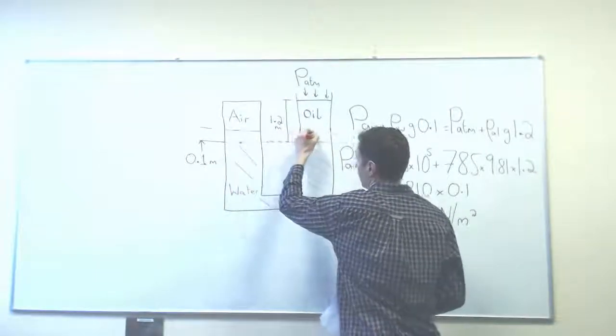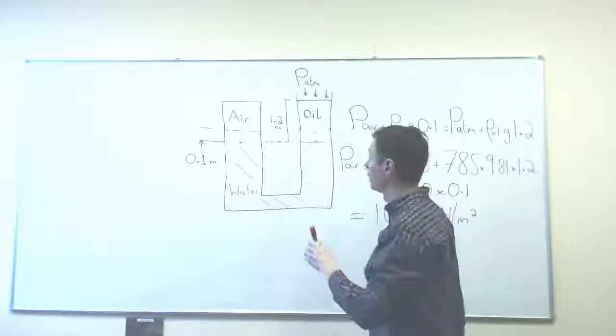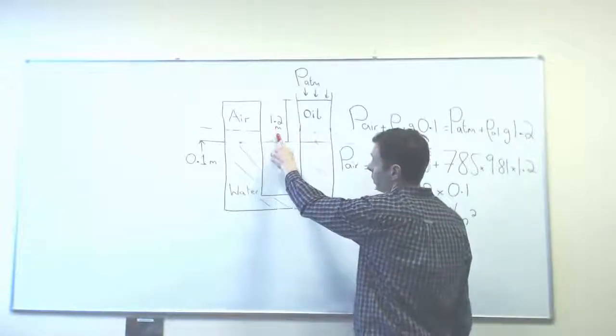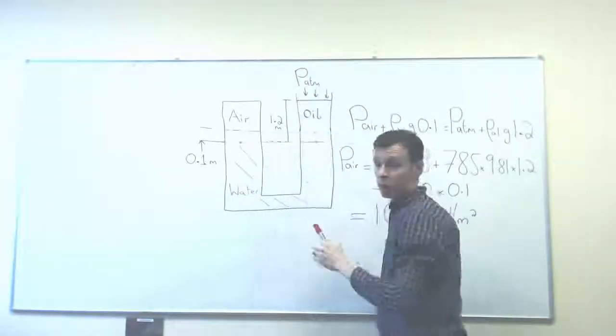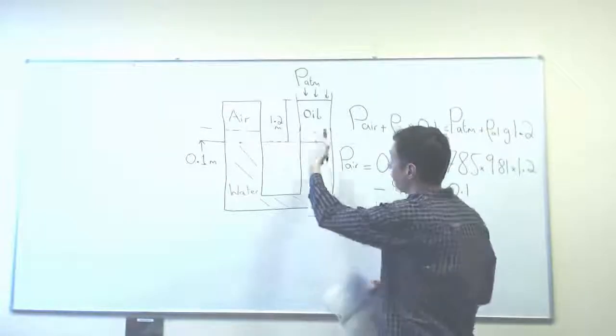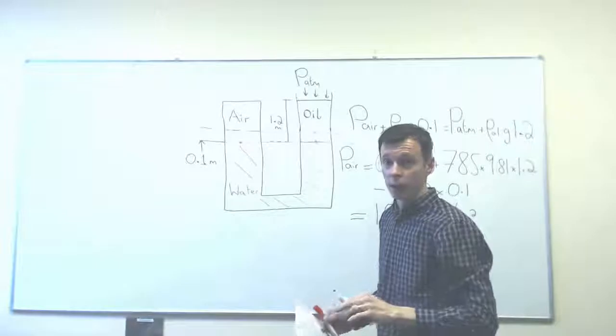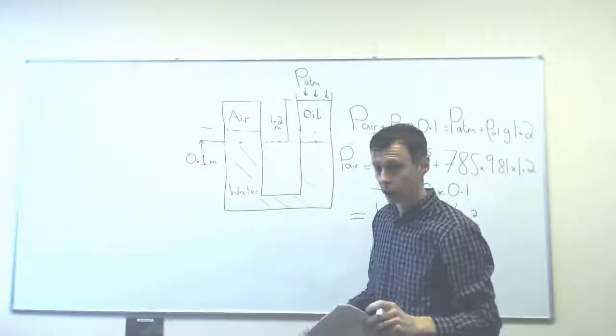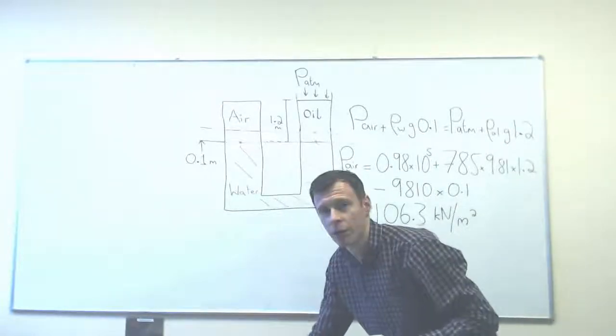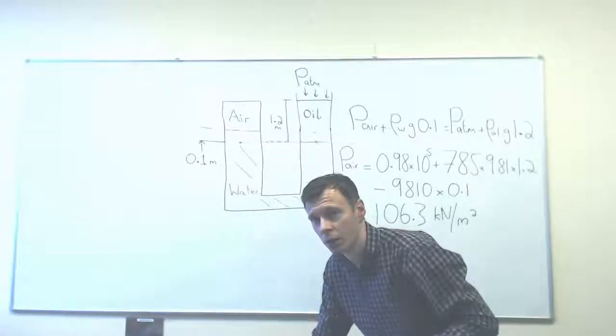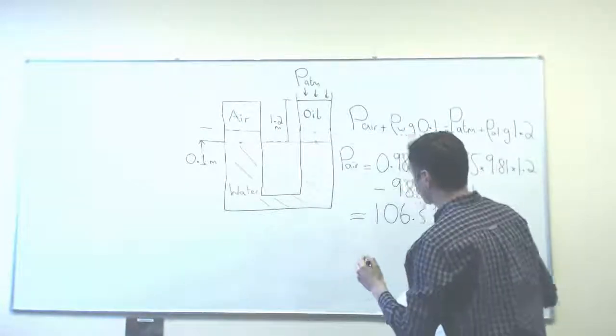Pressure at a point is equal. Okay, so we know that is 0.1, so we can take atmospheric pressure, and then add on the 1.1 metres of oil above it, that should give us the right answer. Well, ironically, it gives us a pretty close answer, but it's not the correct methodology.